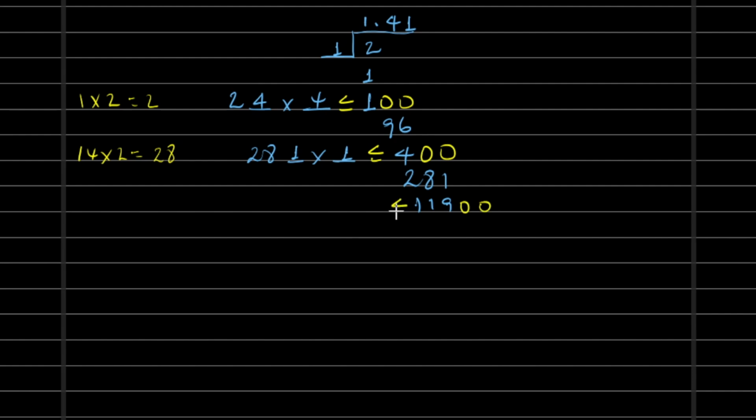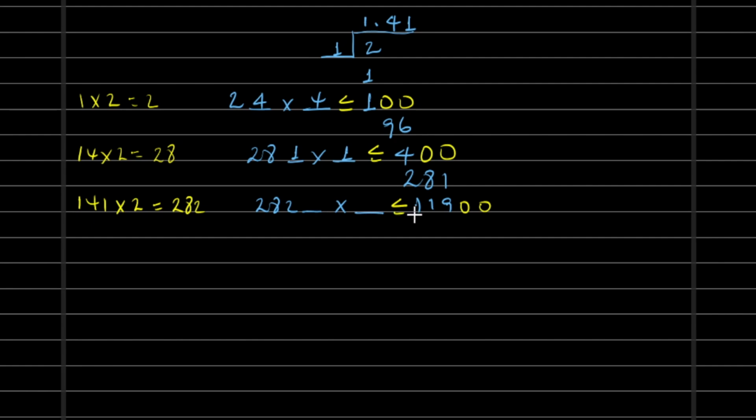and find the number which is less than or equal to 11,900. And first, let's double 1.41. It becomes 141. 141 times 2 becomes 282. We add the third digit and multiply by this digit again.